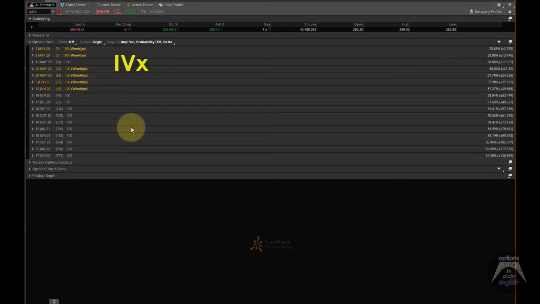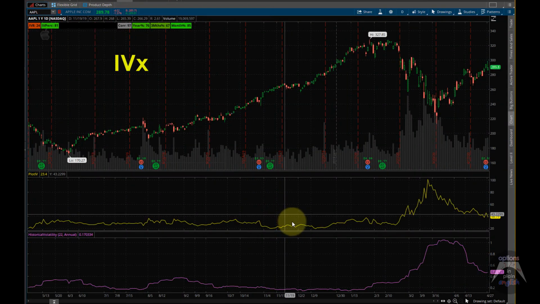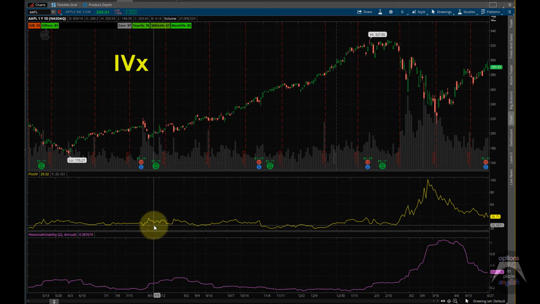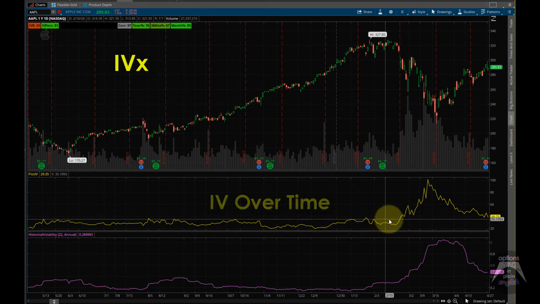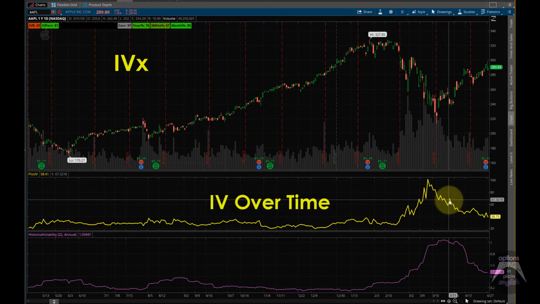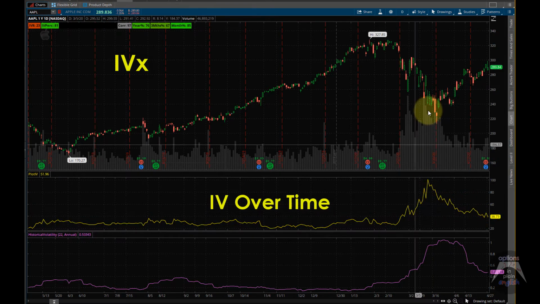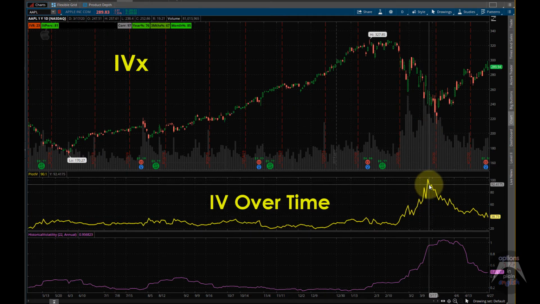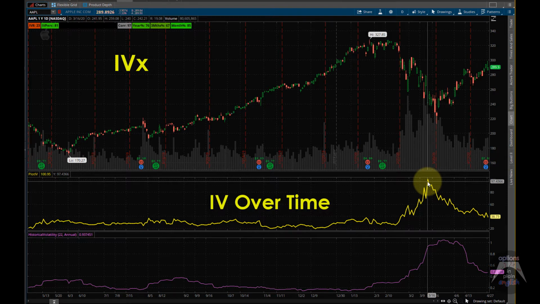Also, IVX or IV is what you show. For example, here I've plotted on Thinkorswim. You can plot the implied volatility over time, so you can see how it's been changing. This is not a historical value. This is not what happened. This is what the options had in them based on pricing. This is the IV. Now, a single IV does not exist for an underlying.